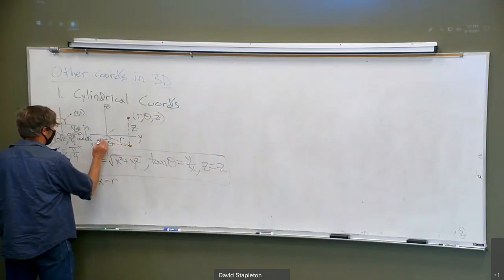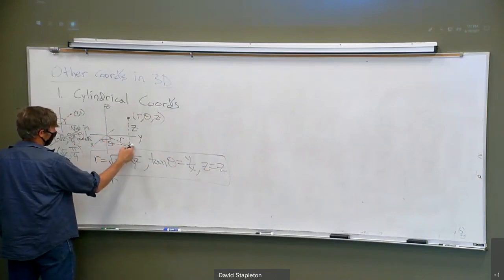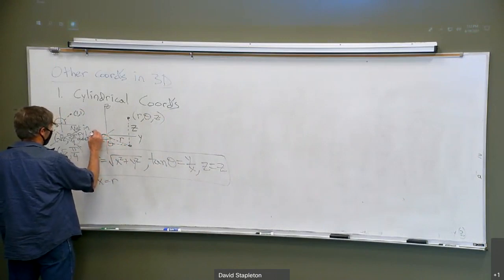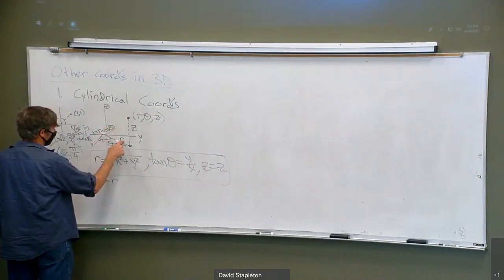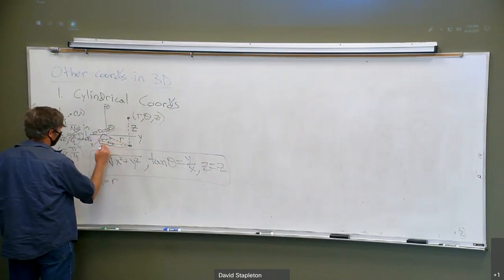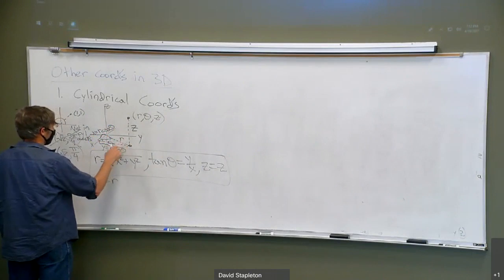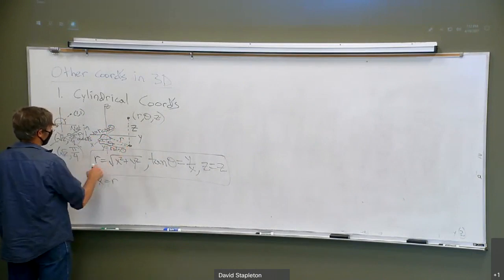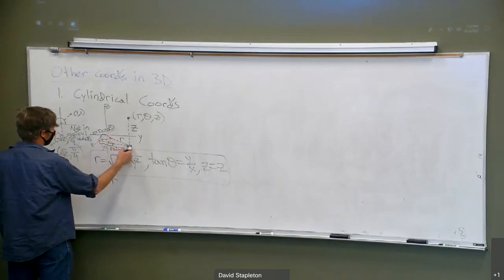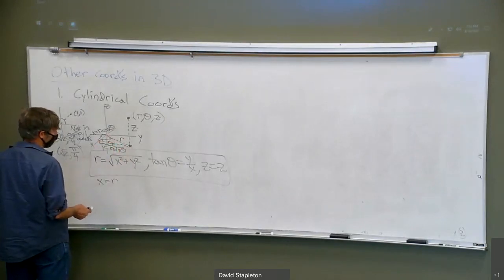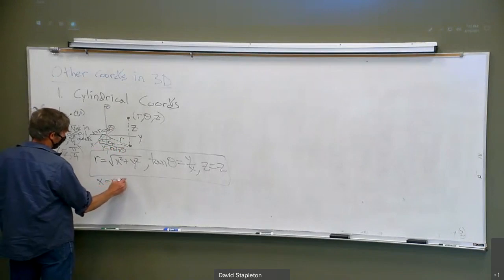Since this is r, this length here, and this is theta, this side has to be the x coordinate, r cosine theta, so that this over this is cosine theta. The y coordinate has to be r sine theta, so that r sine theta over r gets sine theta. In any triangle that's true, right? If this is r, then this is r cosine theta, this is r sine theta. That's trigonometry, so those equations all carry over also.